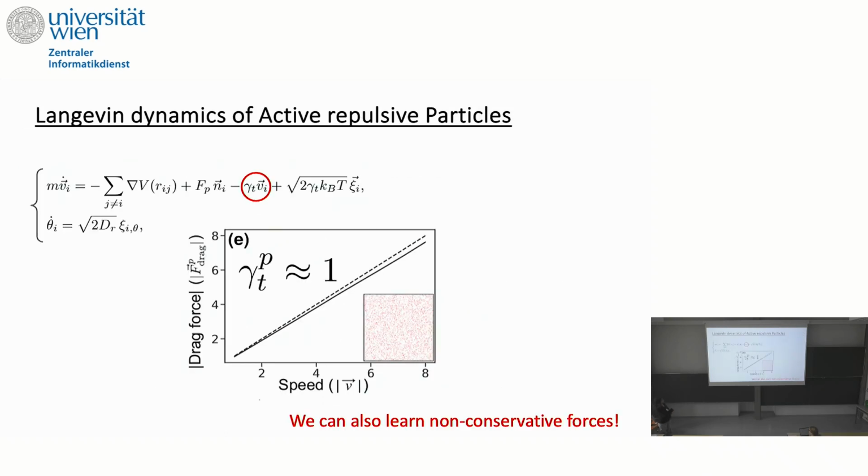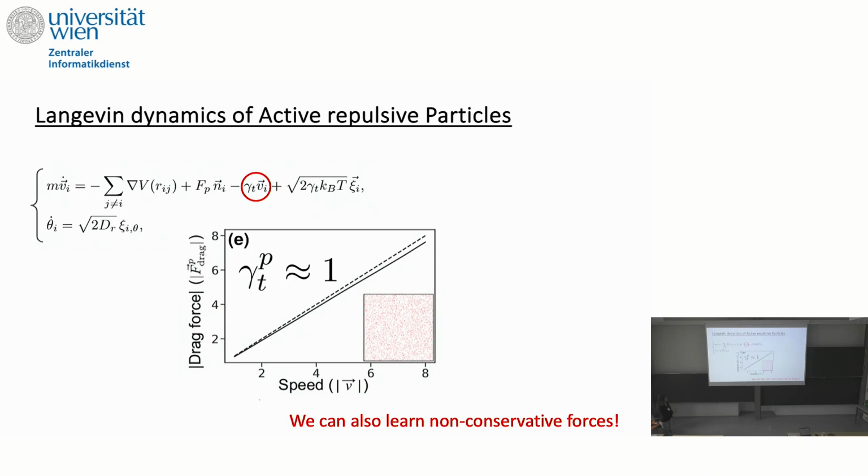So how do we know whether we are doing things right? Again, we use computer simulations, and since we know the friction coefficient we are using in simulations, by comparing it with the drag force we get from ActiveNet, we can compare the dashed line that is the input of our simulations with the continuous line, and we get a reasonable comparison.